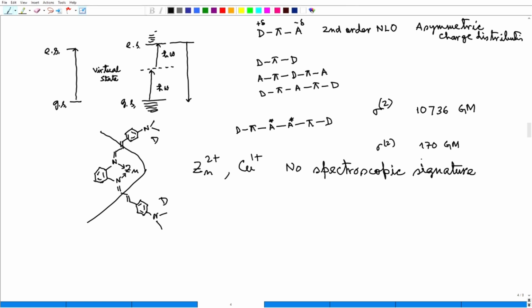So, here I am showing you this kind of structures, and a metal ion can improve its third order NLO activity.